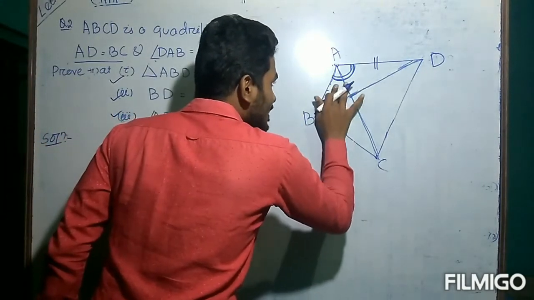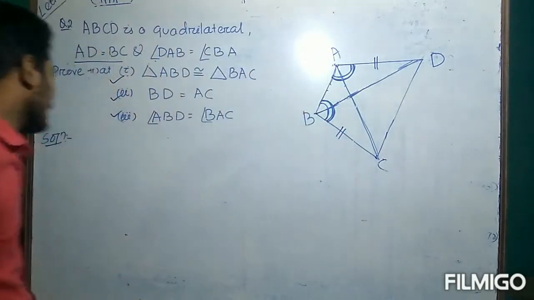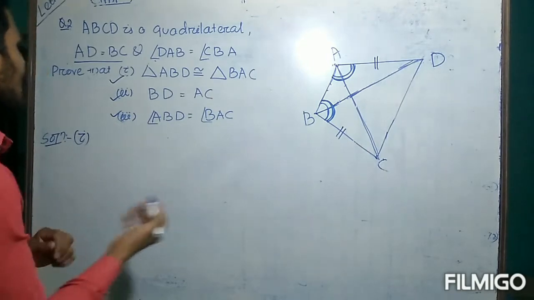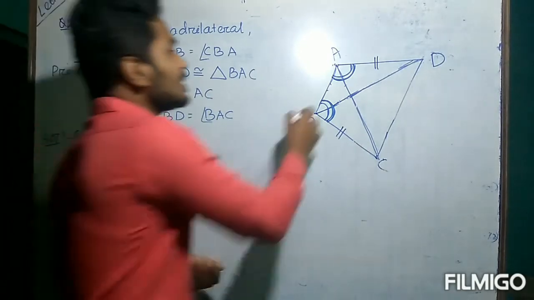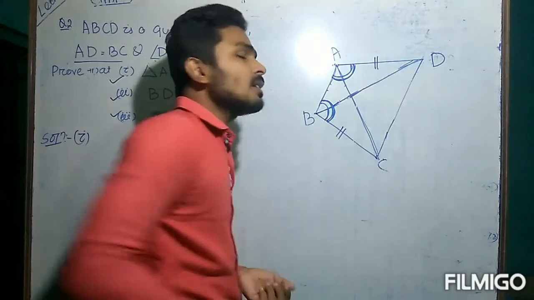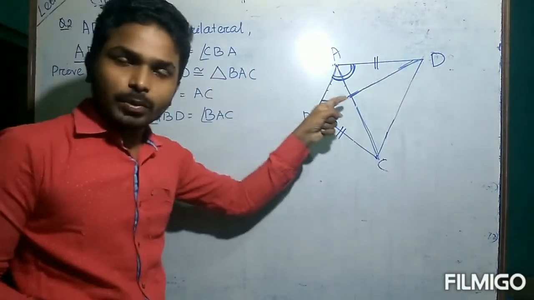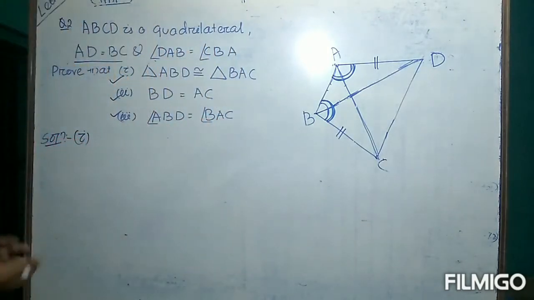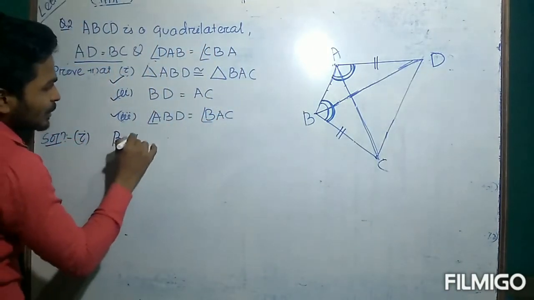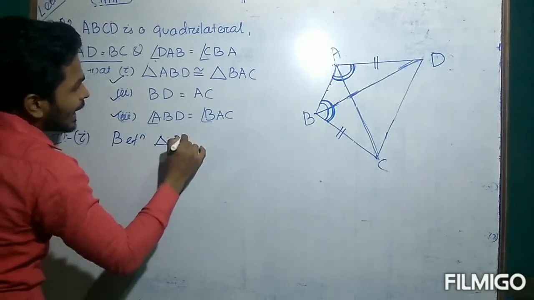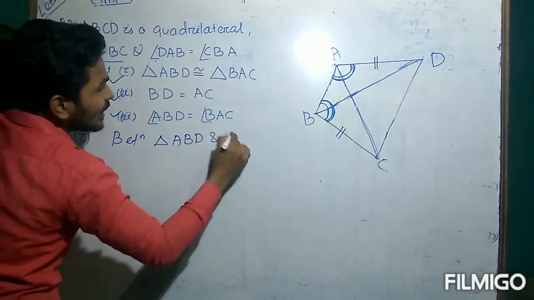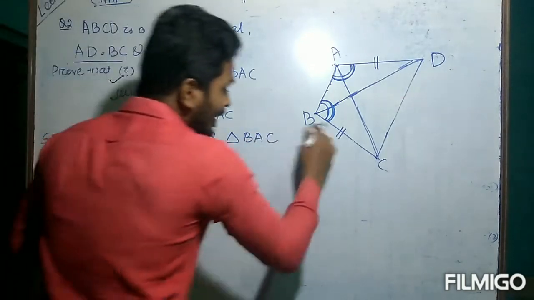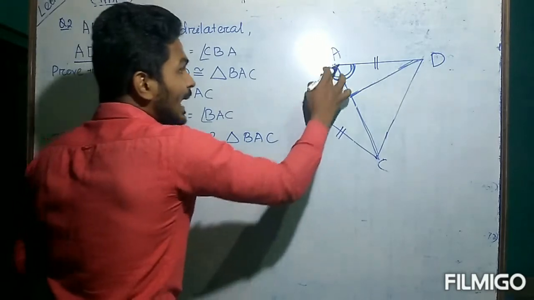So let us first prove the first statement. For proof 1, we have to prove that this triangle is congruent to this triangle. In order to do this, we have to compare these two triangles and find out which parts are equal among them. So between triangle ABD and triangle BAC, let me draw it in another plane.